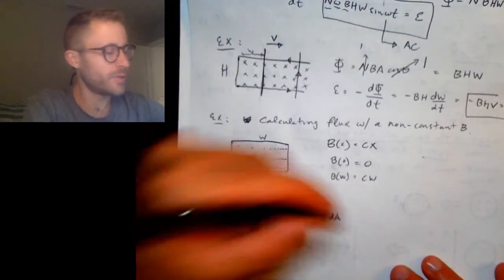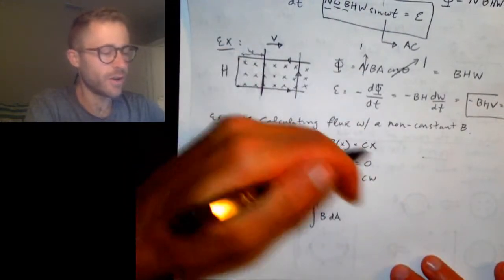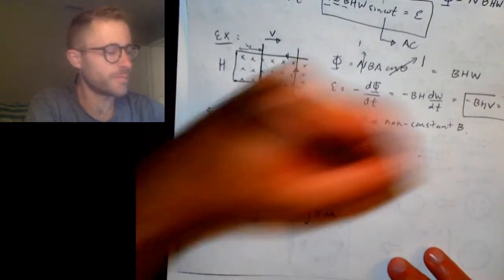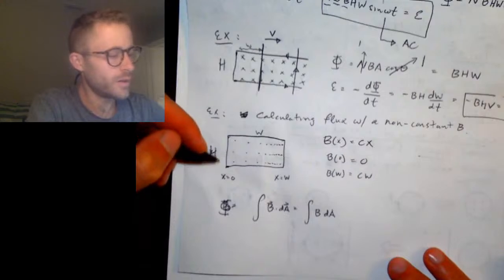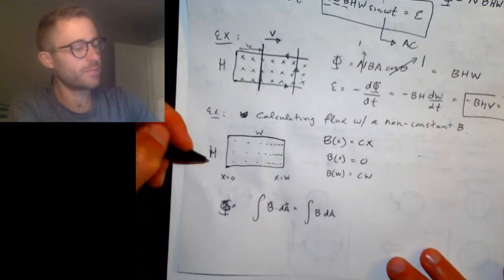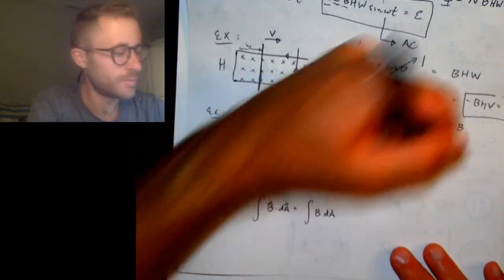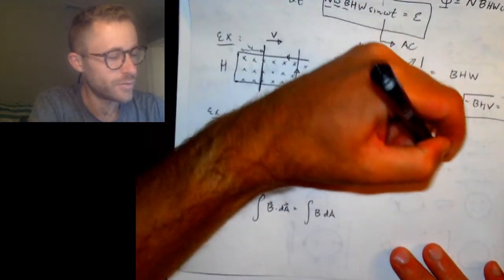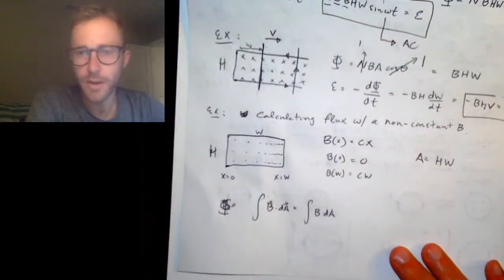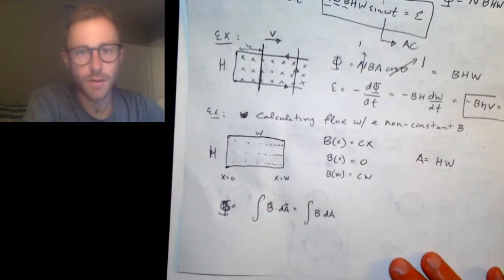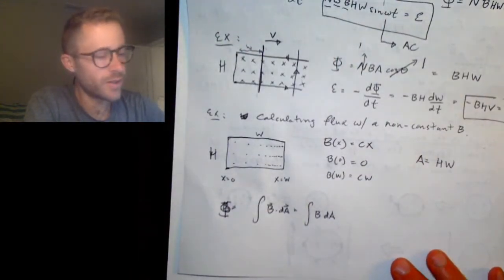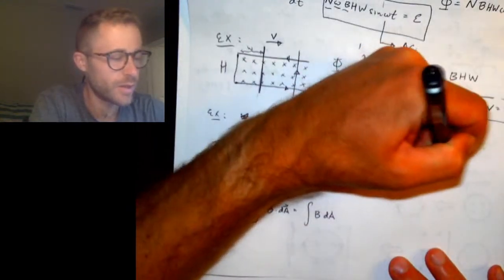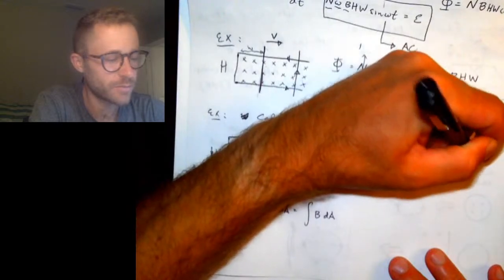And the magnetic field is a constant times x. So the question is, what does dA mean? Well, the area of a rectangle of width x is H times x.